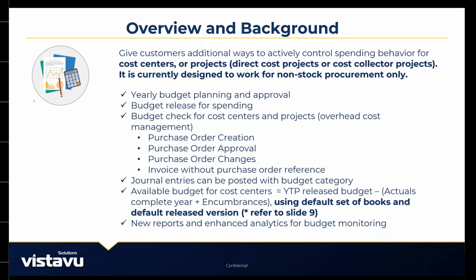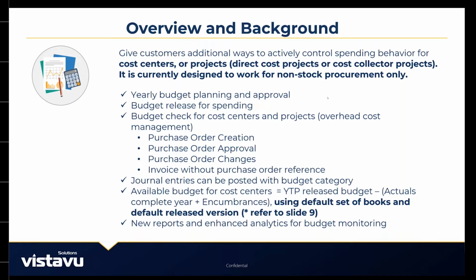He needs to put in the whole year's approved budget plan, but he wants to release the budget not for the whole year, but just monthly or quarterly, so that the procurement team can spend the budget as it needs to, instead of releasing the budget for the whole year and then they might run out of budget in the first 2 or 3 weeks of the year. So if you want to actively control your budget spending behaviors on your expense items, this active budget control feature is really good at taking care of that.